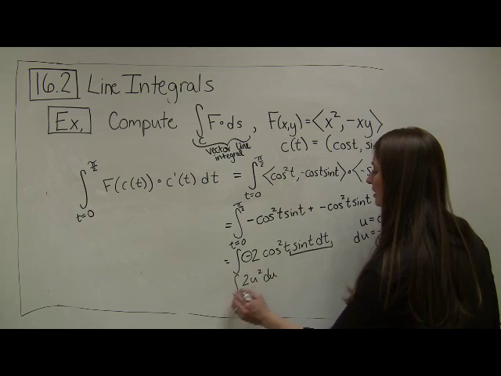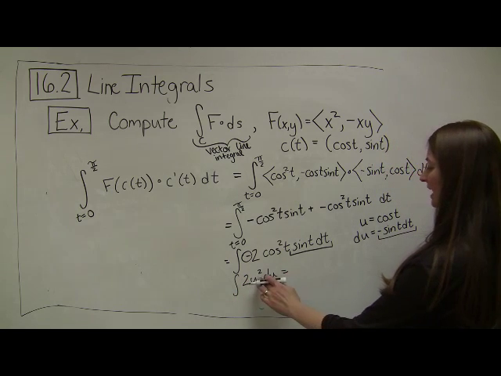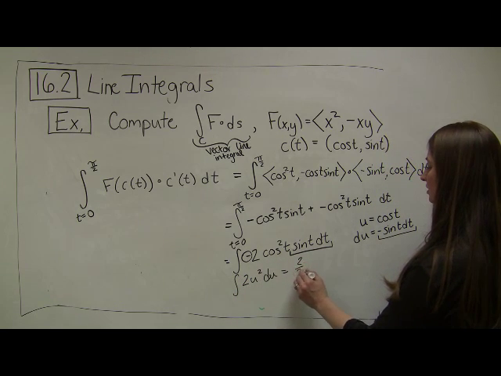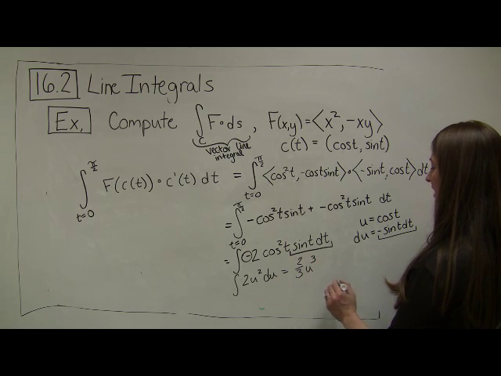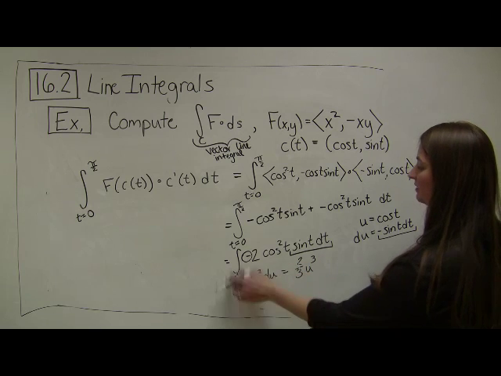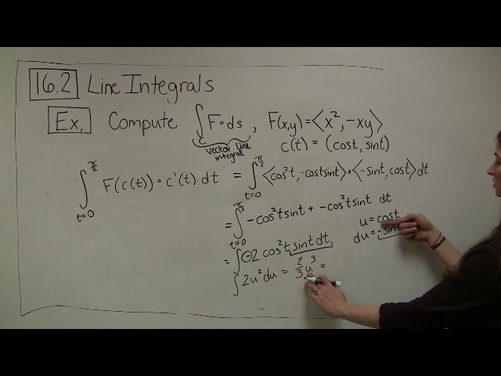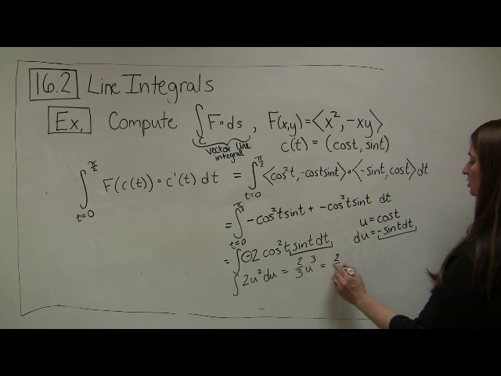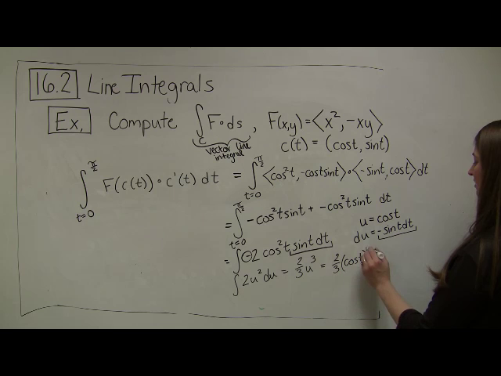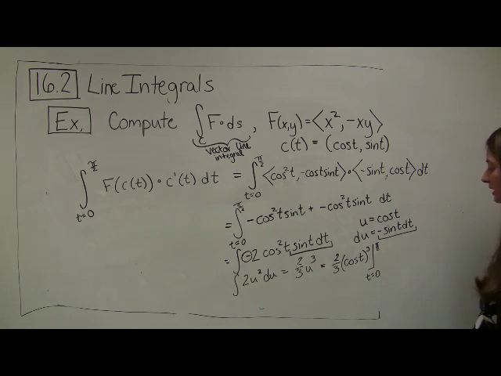I'm going to integrate with respect to u, and I end up with 2/3 u cubed. And rather than reevaluating the bounds, I'm going to change back my variable. U, recall, was the cosine of t, so I get 2/3 the cosine of t cubed, all evaluated from t equals 0 to pi over 2.